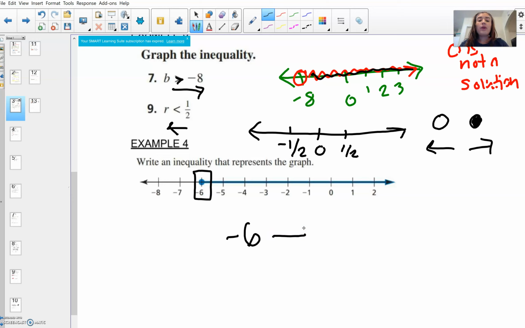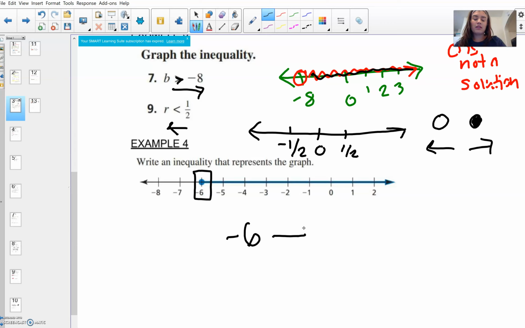Okay, but now we have to look at the rest of our shading. It seems like it is going towards the positives of the number line. It is getting bigger and bigger. So it goes from -6 all the way up to the biggest numbers of the number line into the positive numbers, and it keeps growing.